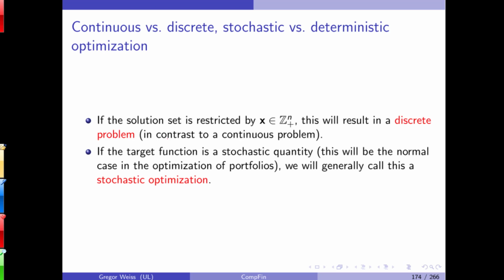And then we have continuous versus discrete and stochastic versus deterministic optimization. If the solution set is restricted to the set of discrete whole numbers, we will get a discrete optimization problem in contrast to a continuous problem. And if we have stochastic objective functions and stochastic decision variables, you will get stochastic programming and stochastic optimization. Stochastic optimization is something that is very tricky and where nowadays a lot of research is done.